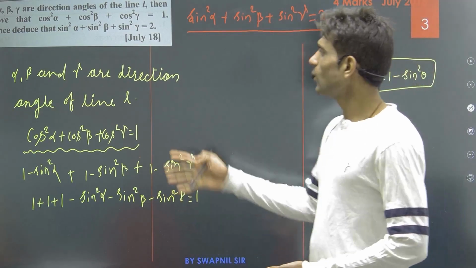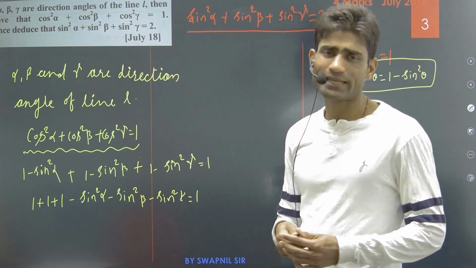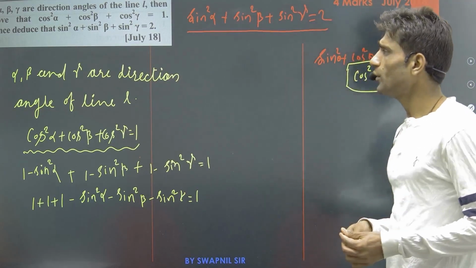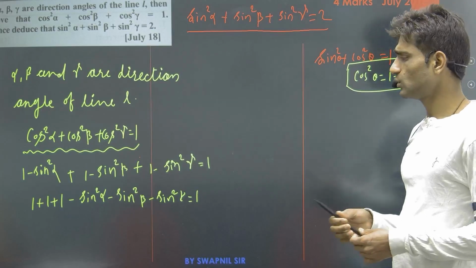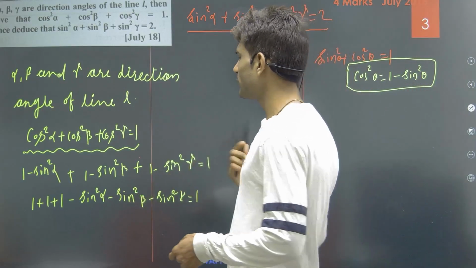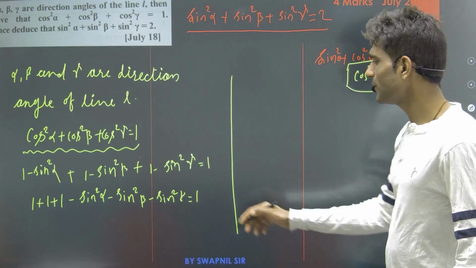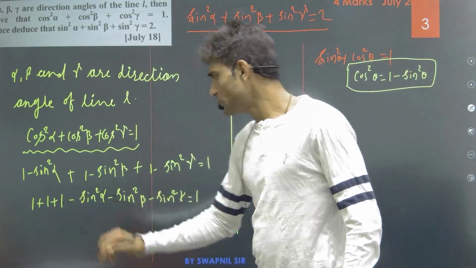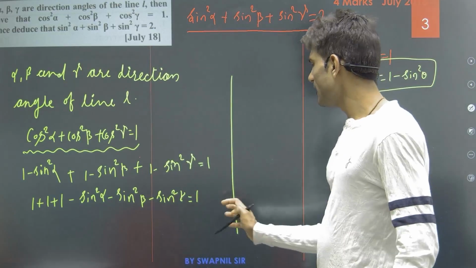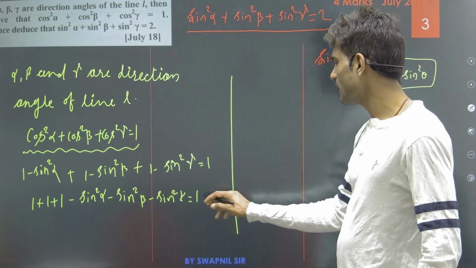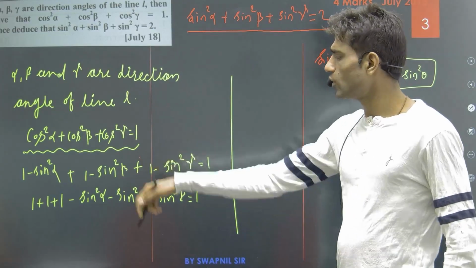We want our entire proof in the form of sine square theta. So to prove it, take all these negative sine square terms to the other side, and you will get all positive terms. Next step, 1 plus 1 plus 1 is 3. 3 can be taken to the other side, where it goes negative, or you may take 1 to the other side.